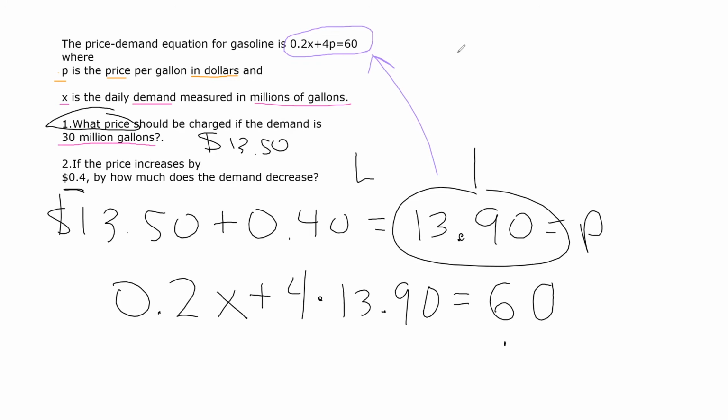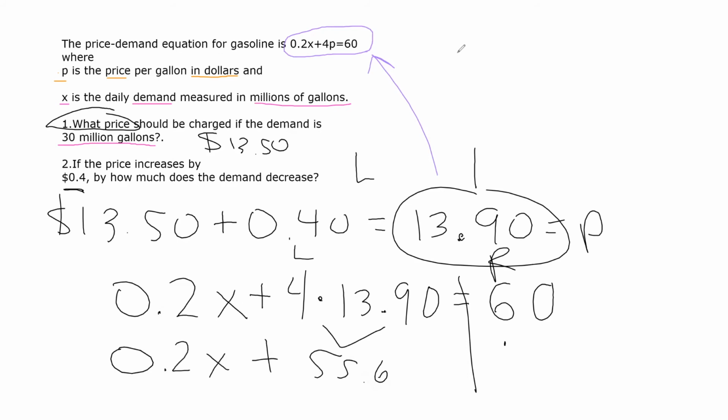Oh, okay. I look at the left and the right side of my equation, and I can multiply 4 times $13.90. That would be 55.60, plus 0.2x. I can't forget about that, equals 60.